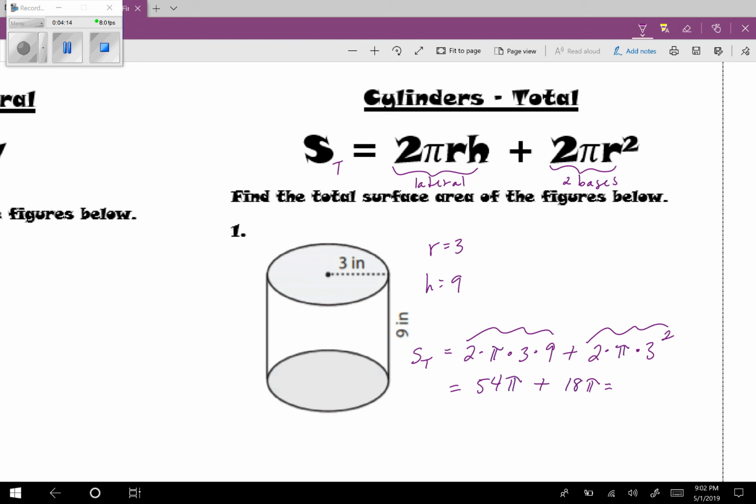And so then 54 pi plus 18 pi, that's 72 pi, and then our units are inches squared. And then if you do 72 times pi in the calculator, you'll get 226.2 inches squared.